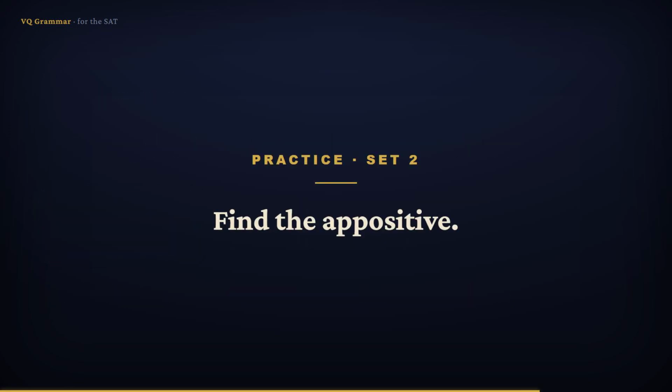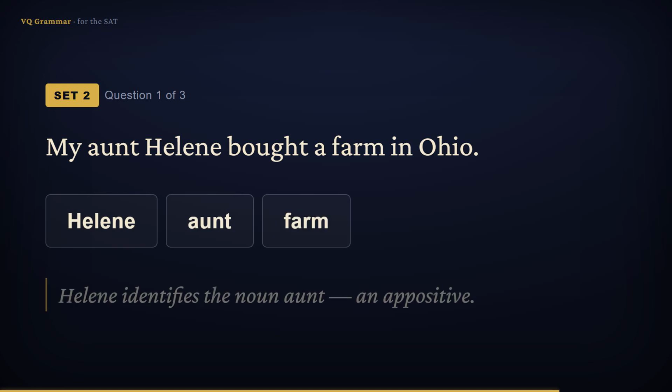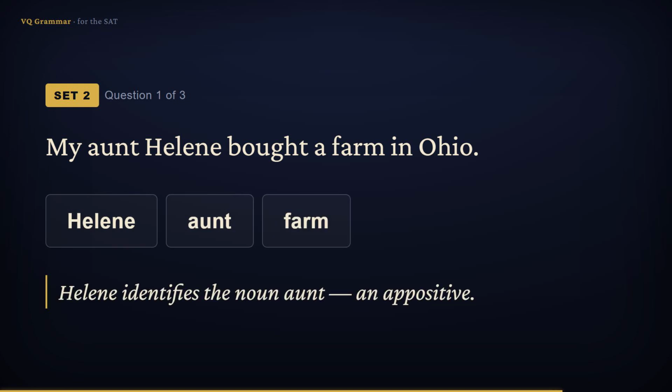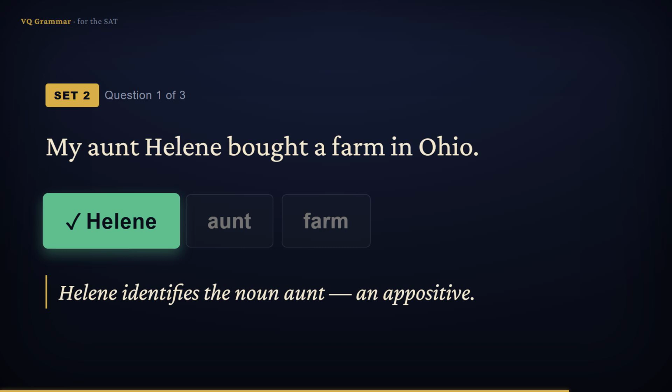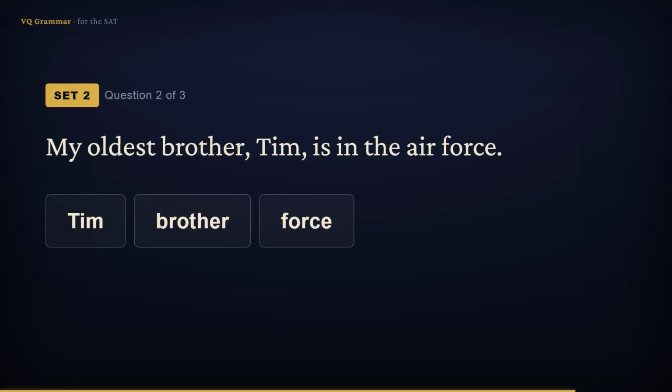Now find the appositive, the noun placed beside another to rename or identify it. Pause and try each. "My Aunt Helene bought a farm in Ohio." Helene sits beside Aunt and tells us which aunt. So the appositive is Helene. "My oldest brother Tim is in the Air Force."